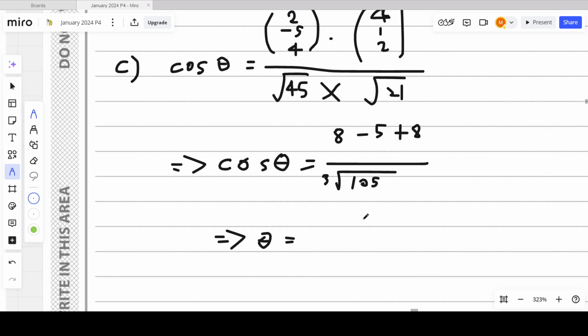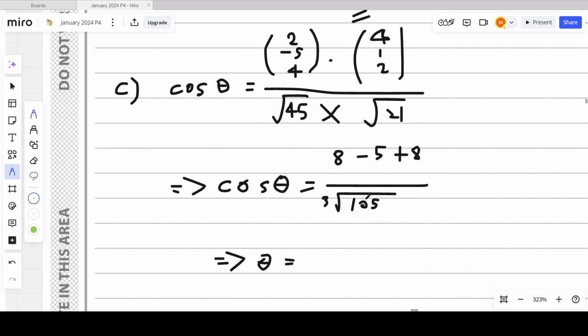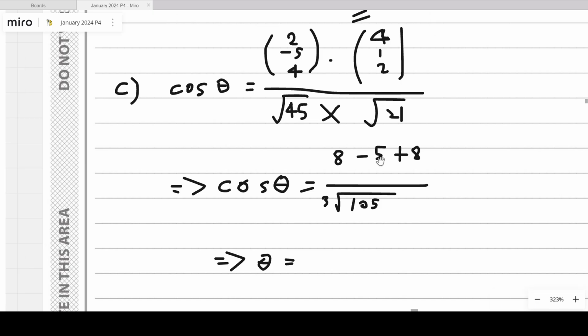Right? 8 plus 8... 4 times 2, this is 8, and 4 times 2, this is 8, minus 5, that is 3... 8 minus 5, this is 3, and 16 minus 5, this is 11. So 11 over 3 square root of 105. Then cos inverse of the answer. So you will get 69, not 59.